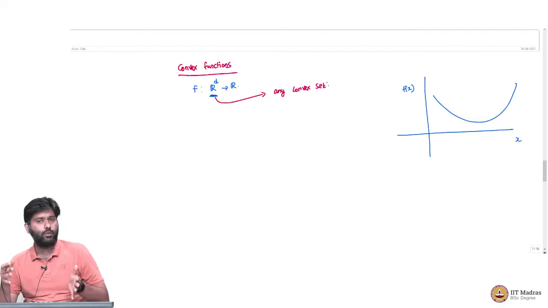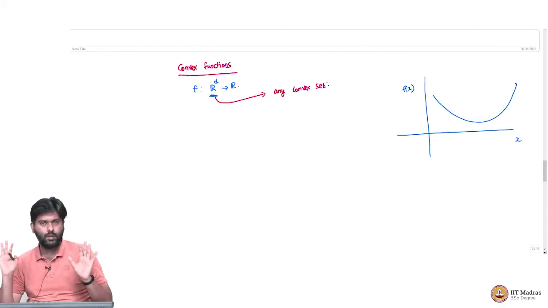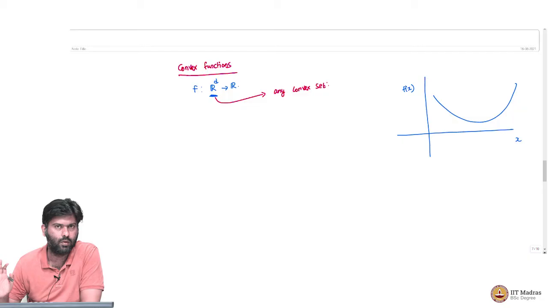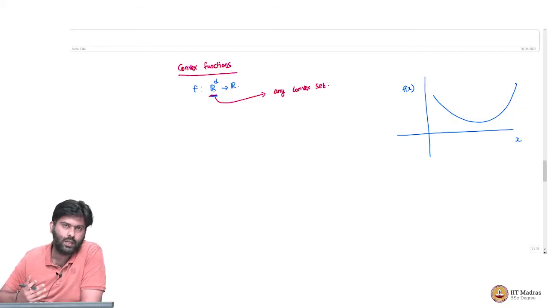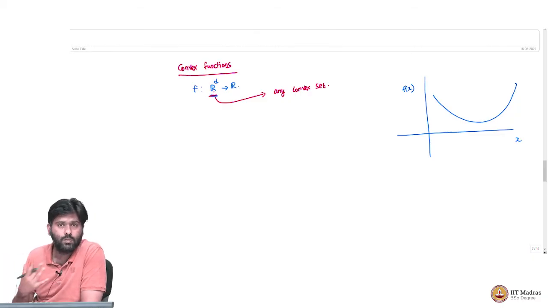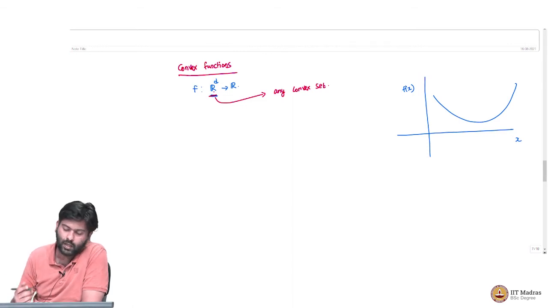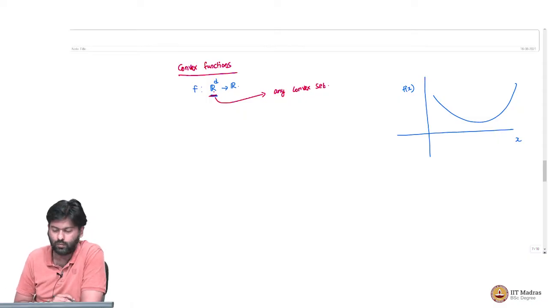If the domain itself is not convex, then the function is not by definition a convex function. And if it is R^d, then naturally this is a convex set, and so the problem of thinking about whether the domain is convex or not does not arise in this case. But there are several functions from R^d to R, and not all of them are convex. We still have to define what we mean by saying a function is convex.